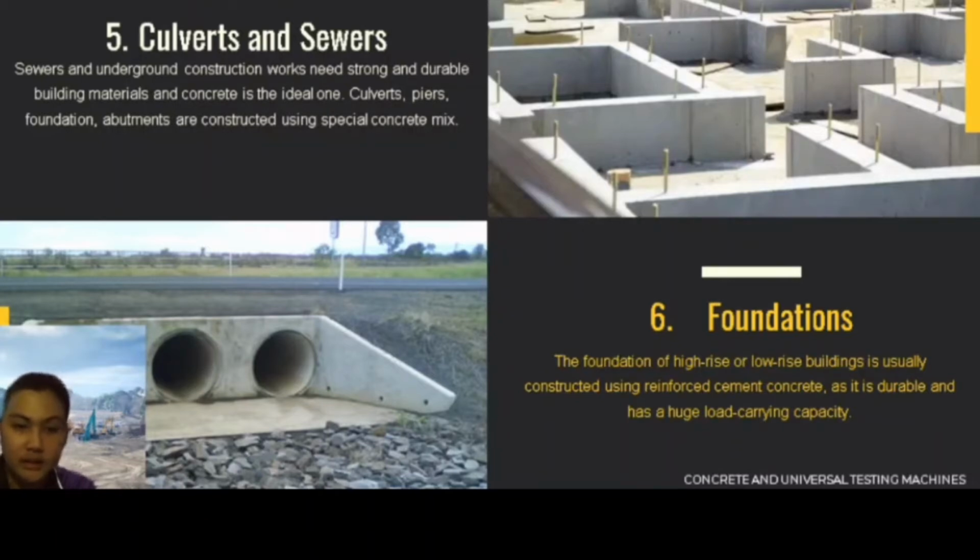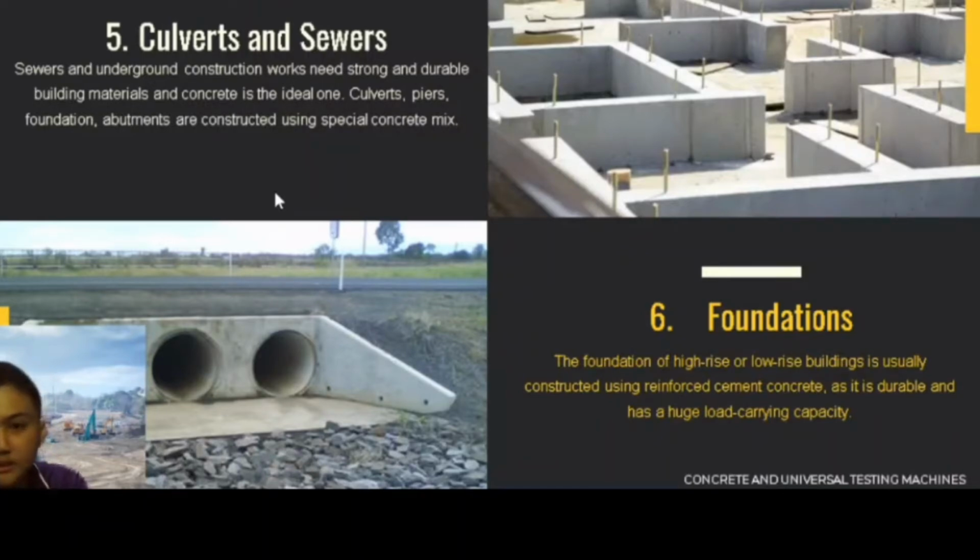Daanan siya ng water or para siyang nagiging canal na ginagamitan din natin ng concrete, which is sabi constructed siya using special concrete mix. Ano po yung special concrete mix? Ito po ay madidiscuss natin sa mga susunod na reporters. And next, we have foundations.